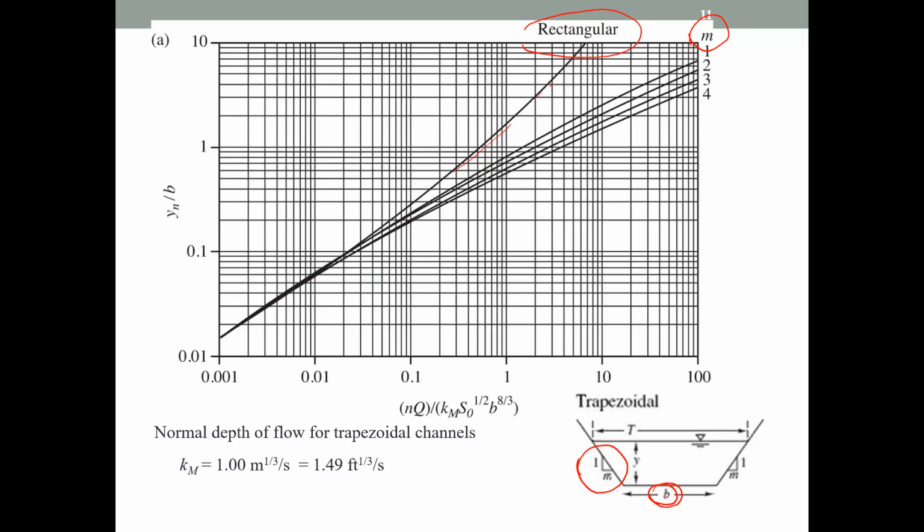So what we do, we decide what is the B first. It will depend on your site condition, right? Maybe the width is restricted. In that case, you will have to change the Y to accommodate that flow rate, right?